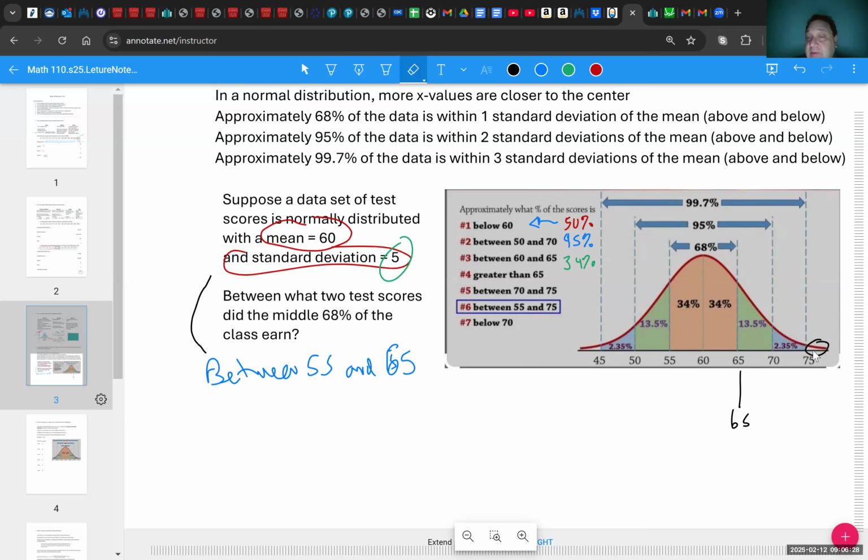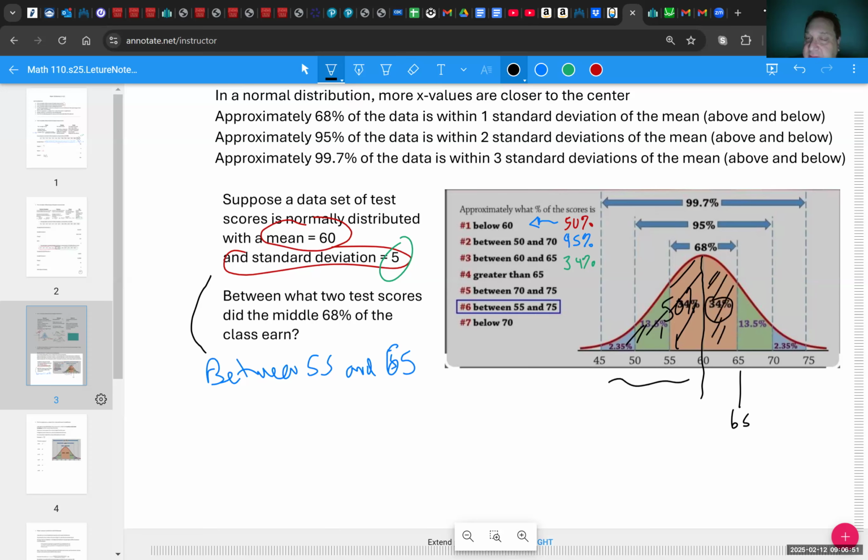Okay, so how do we do this? Well, there's different ways of doing it. I'm going to show you one example. So, for example, we know that the data below 60 right here, this is 50%, right? There's 50% of the data going that way. There's 34% of the data in there, right?